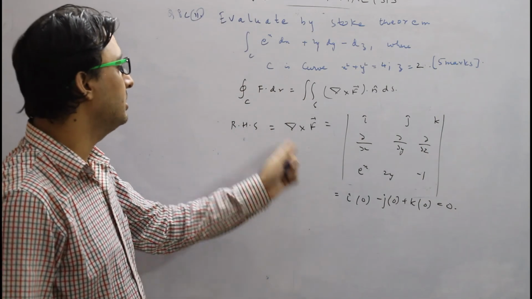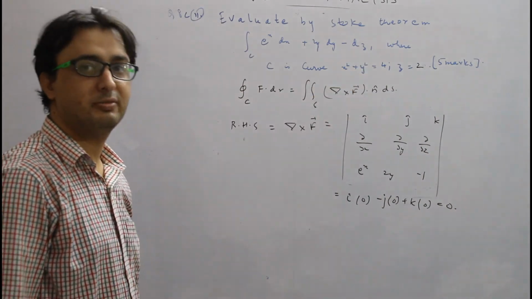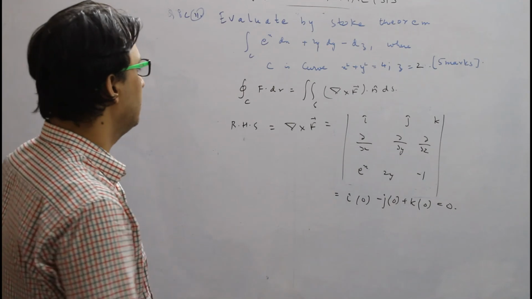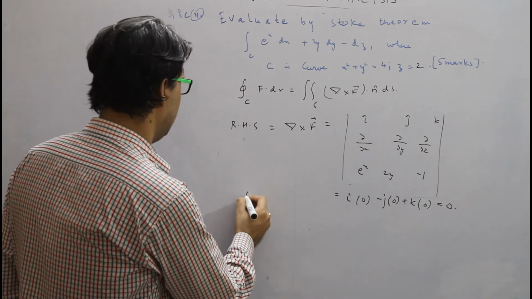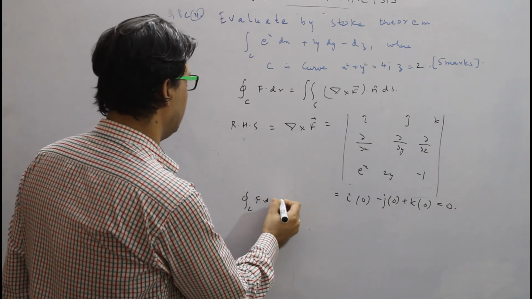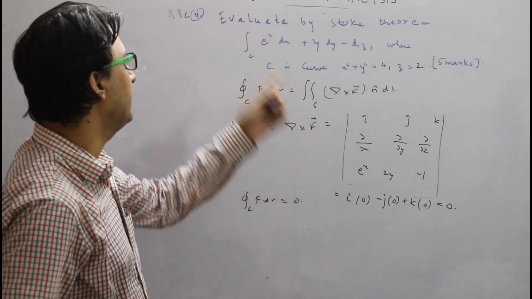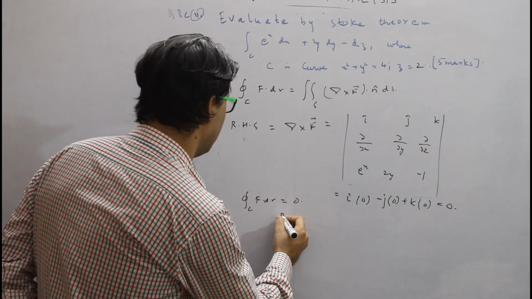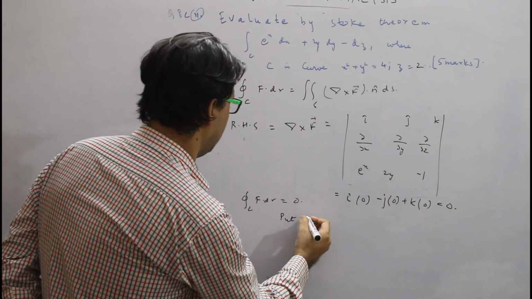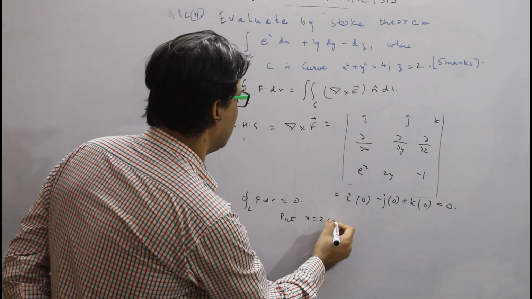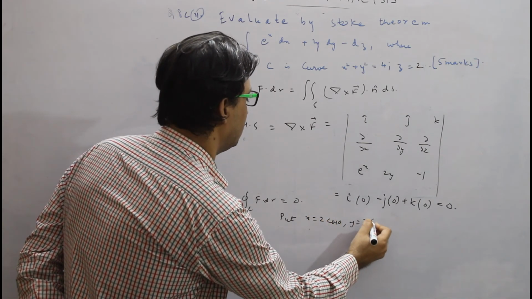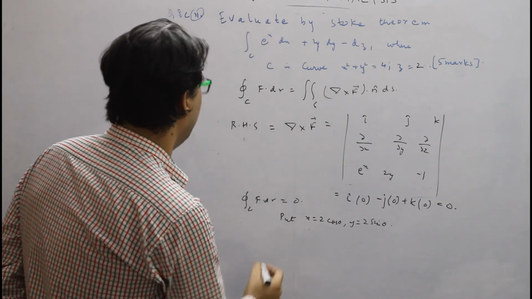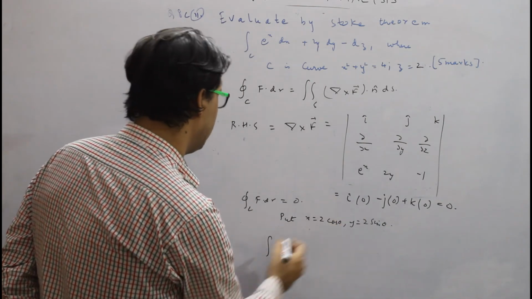Since we have got the curl as 0 on the RHS, and since this is asked for 5 marks, we can write this and say that the integral of curl F dot n dS is equal to 0. If you want to verify, you can put x equal to 2 cos theta, y equal to 2 sin theta, and this will become a circle.